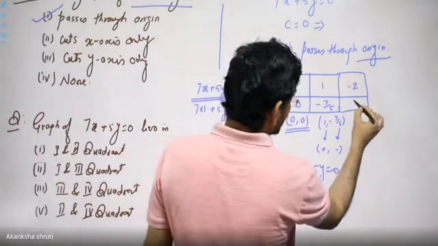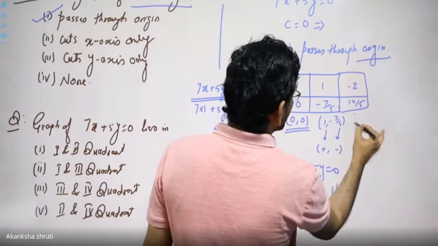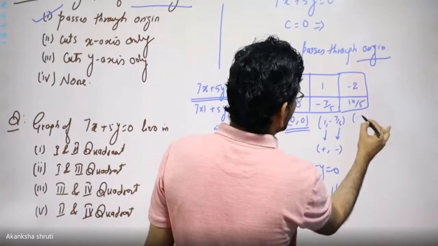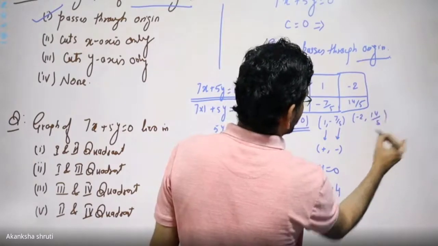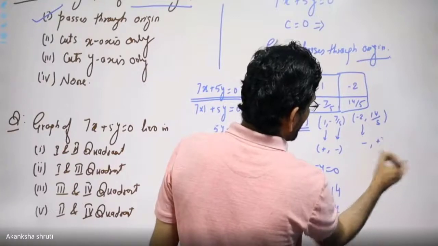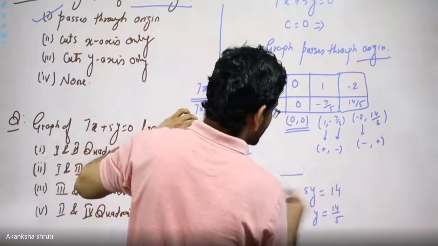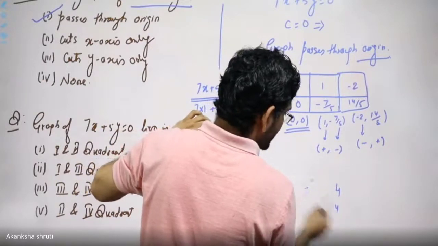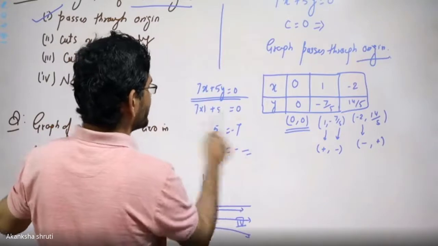Means if x is minus 2, y is 14 by 5. If x is negative, then y is positive. So by collecting these solutions, we can check in which quadrant the graph lies.